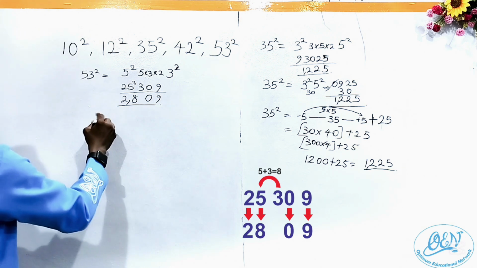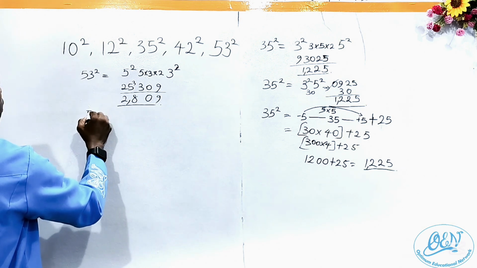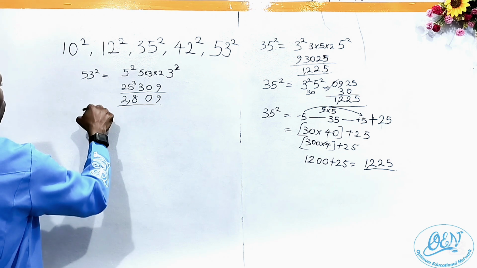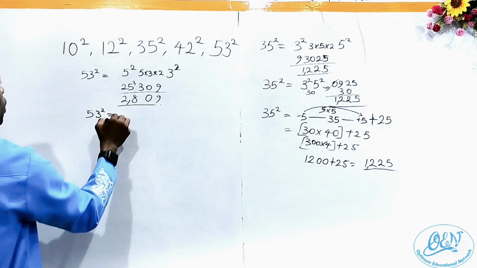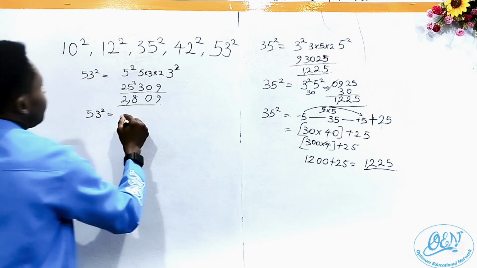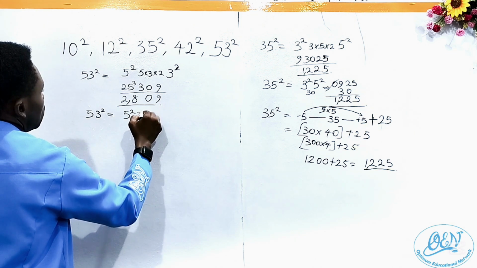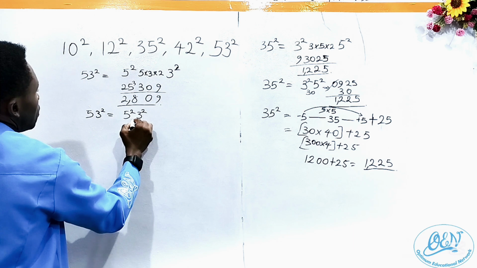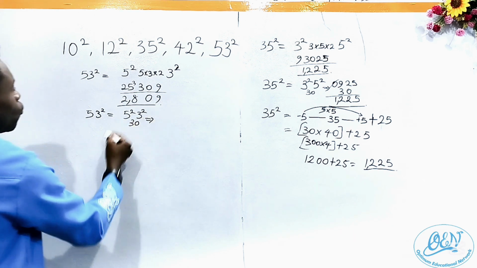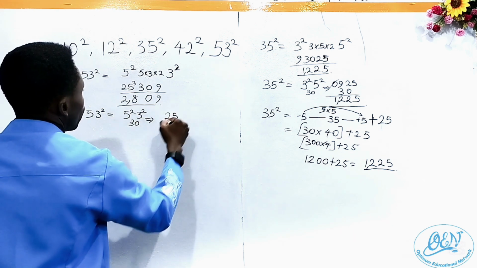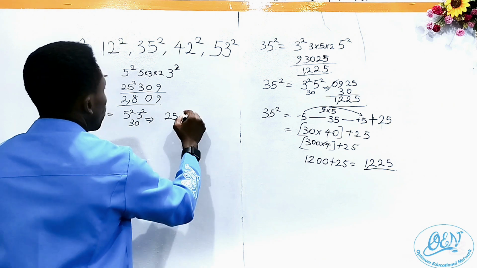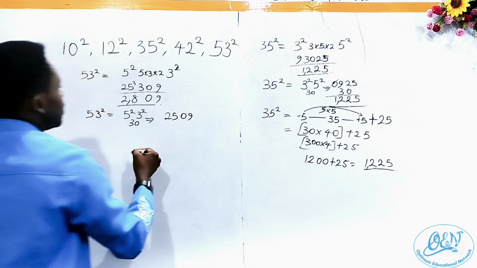Then we can also do it the other way. 53 squared. And you have 5 squared, 3 squared, and then 30 under. So 5 squared is 25, 3 squared is 9, so I have to have 0, 9.